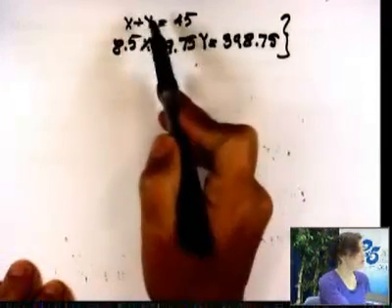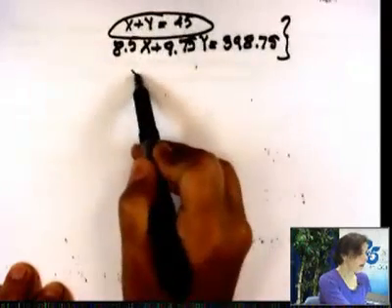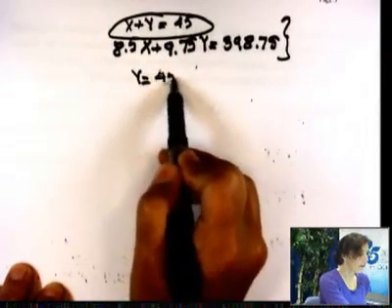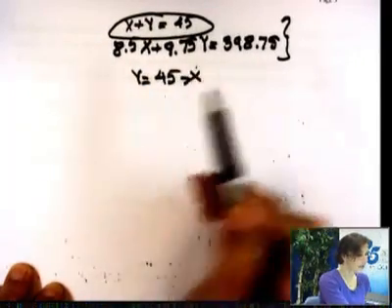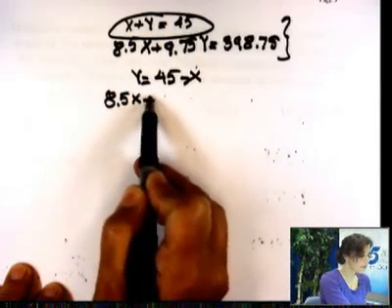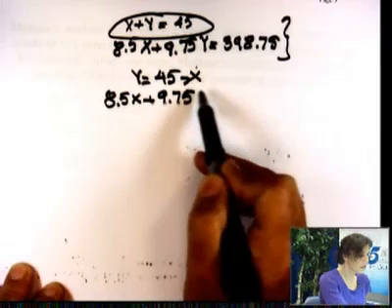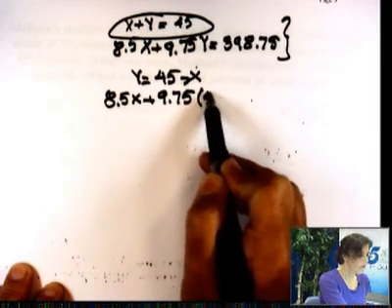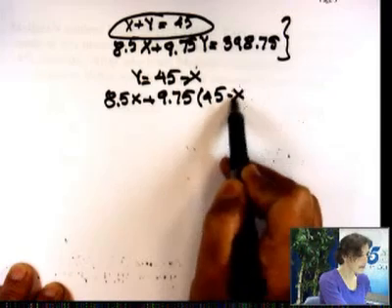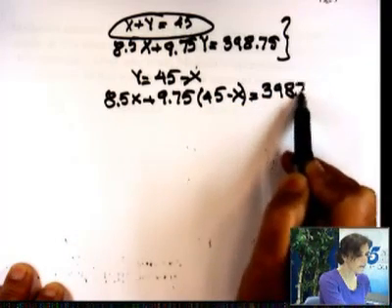Now, I'm going to use substitution. Let's write down y equals 45 minus x. So I write down 8.5x plus 9.75y, which happens to be 45 minus x, equals 398.75. Does it make sense?